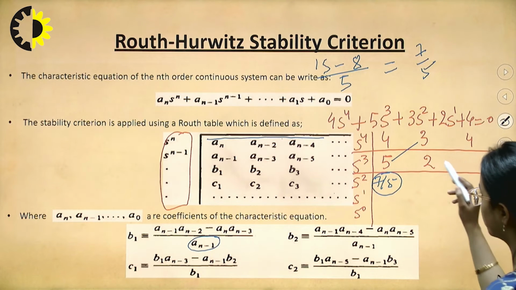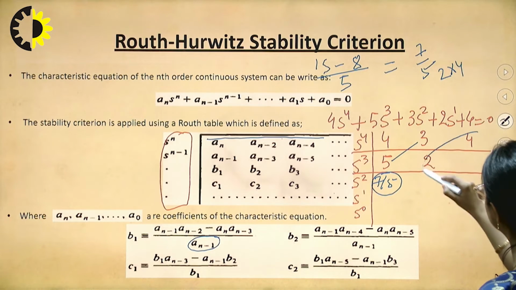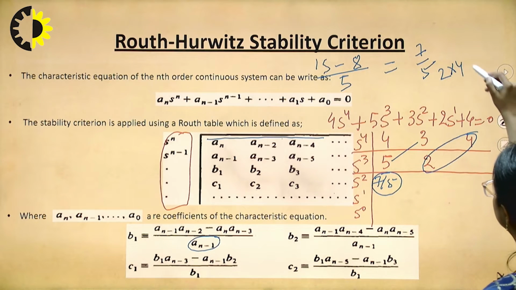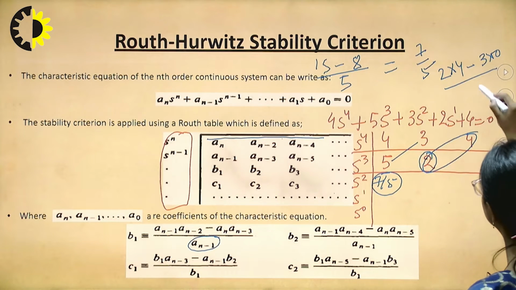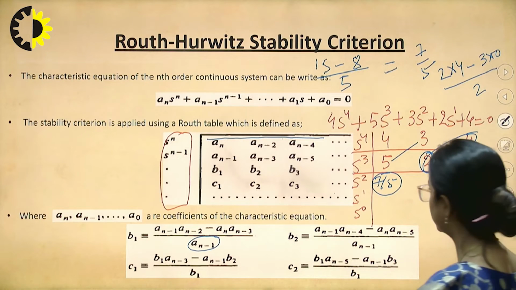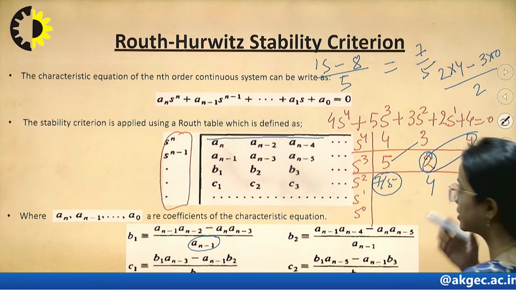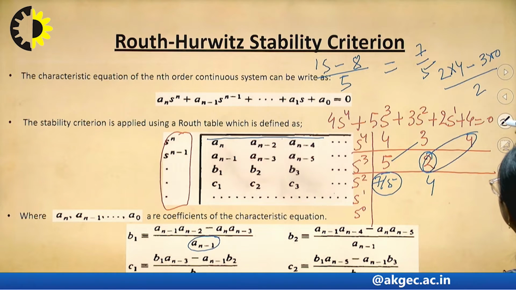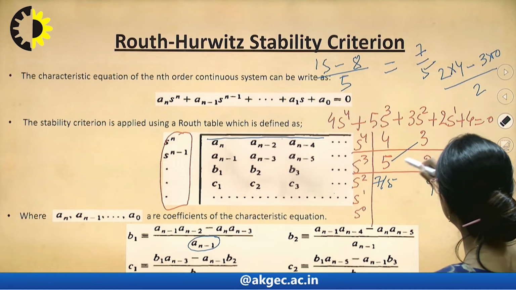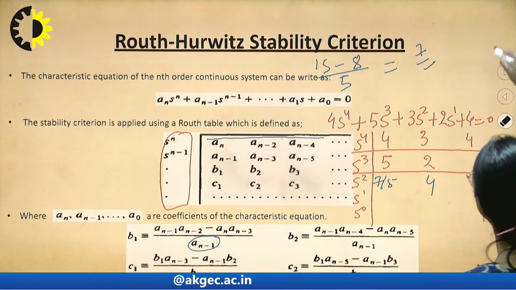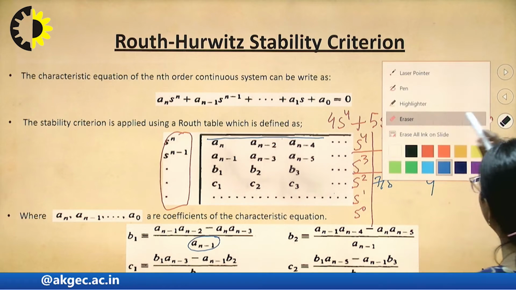We simply write 2 into 4 minus 3 into 0 upon 2. So of course that has to be 4. And correspondingly the same process we will repeat for another row.